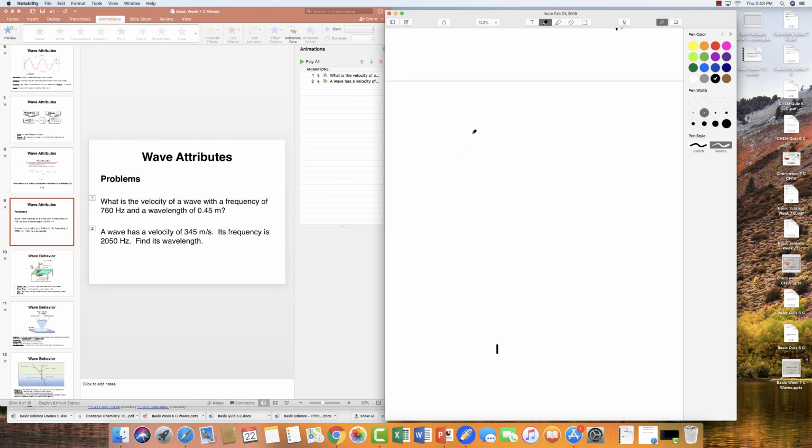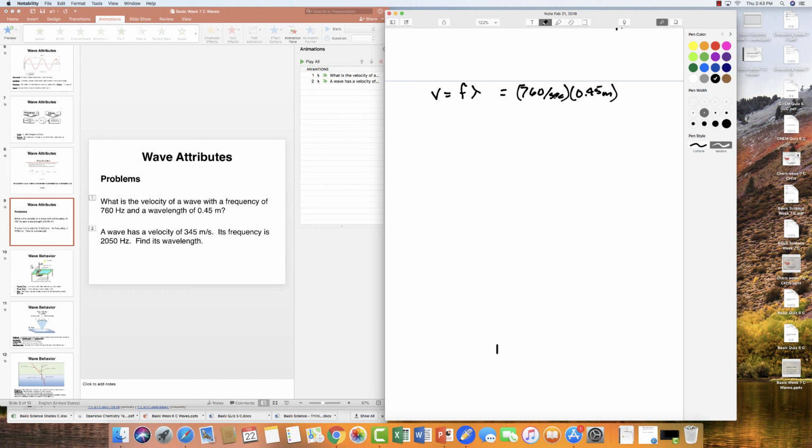Okay, let's see how we would do this first one. We said that the velocity is equal to frequency times wavelength, and we are told that in this situation the frequency is 760 hertz, or per second, and the wavelength is 0.45 meters.